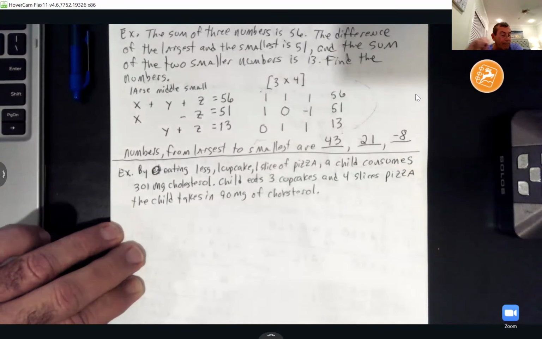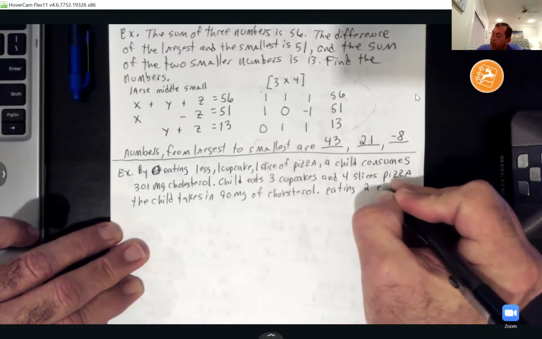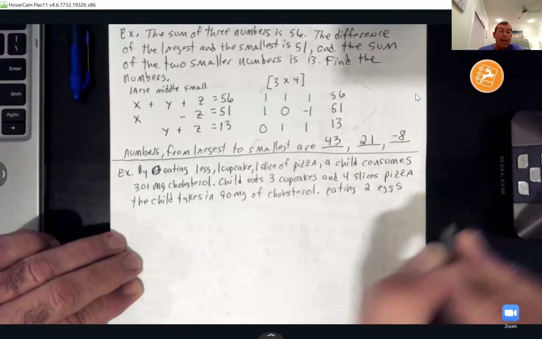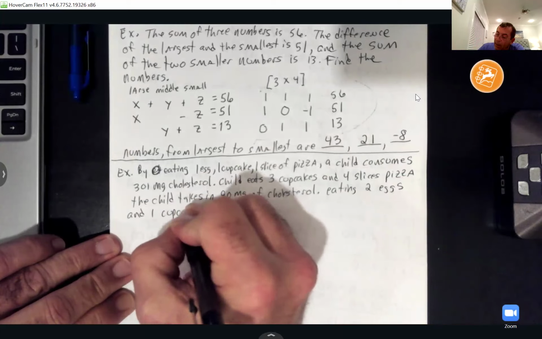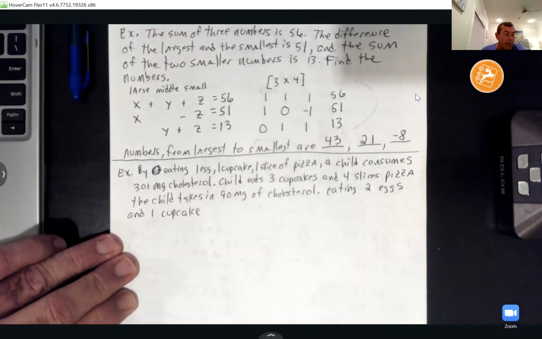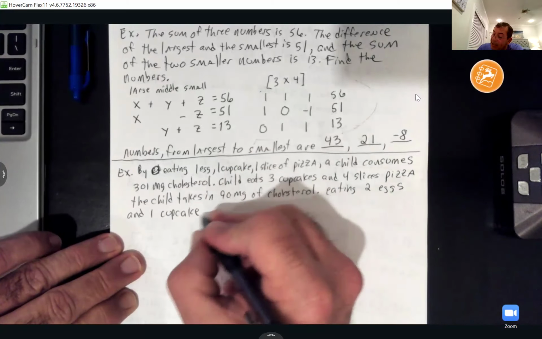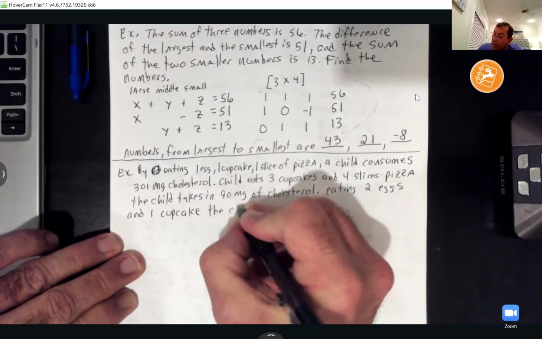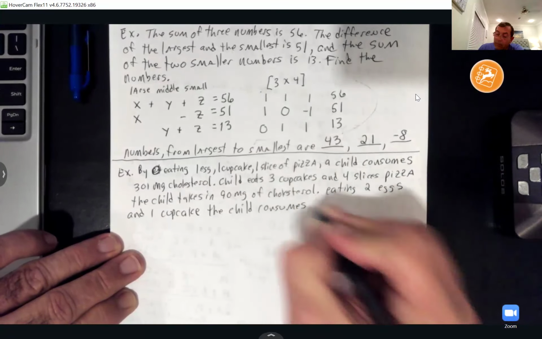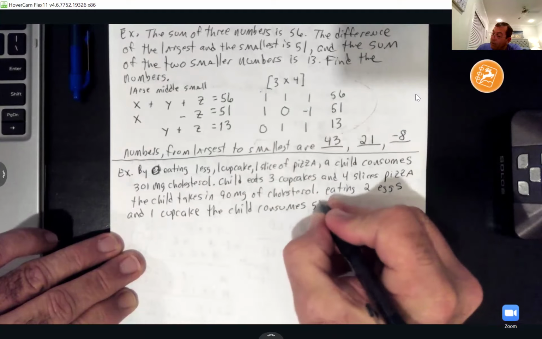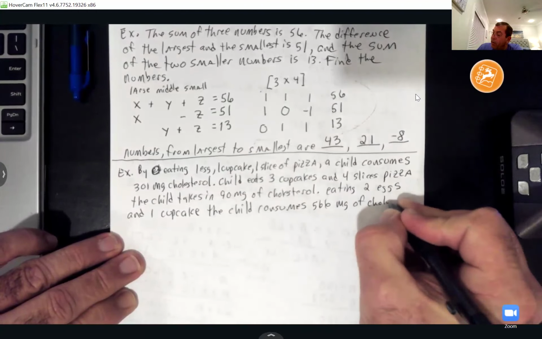And y'all finally, by eating 2 eggs and 1 cupcake, the child consumes 566 milligrams of cholesterol.